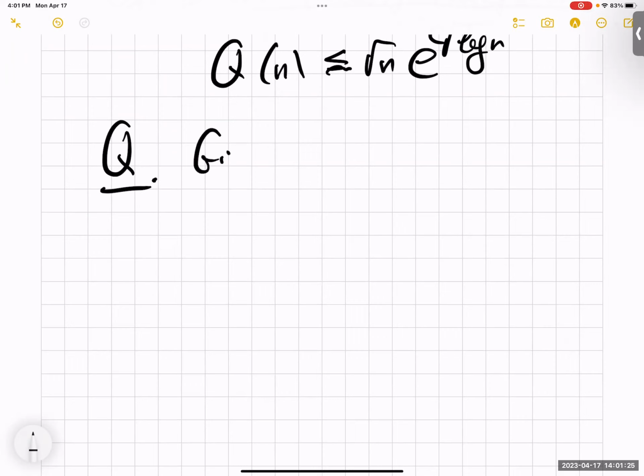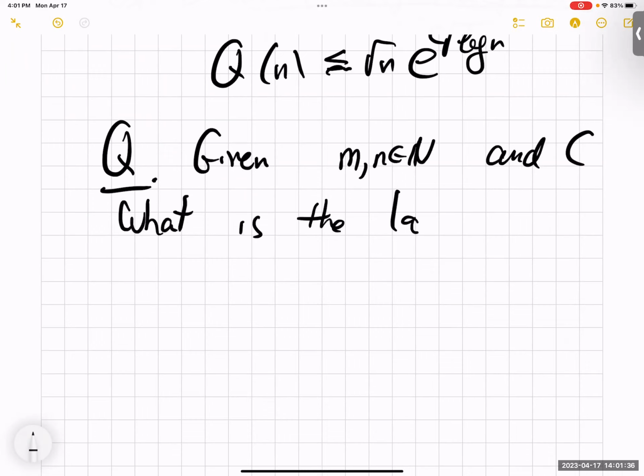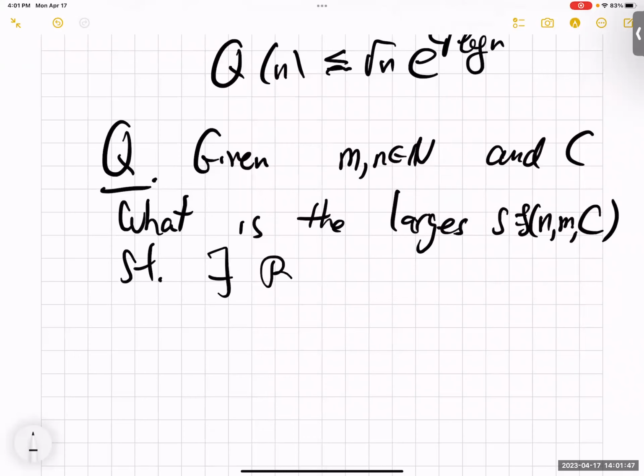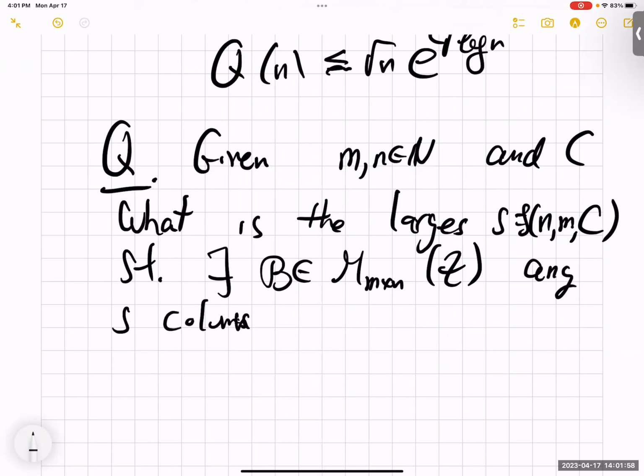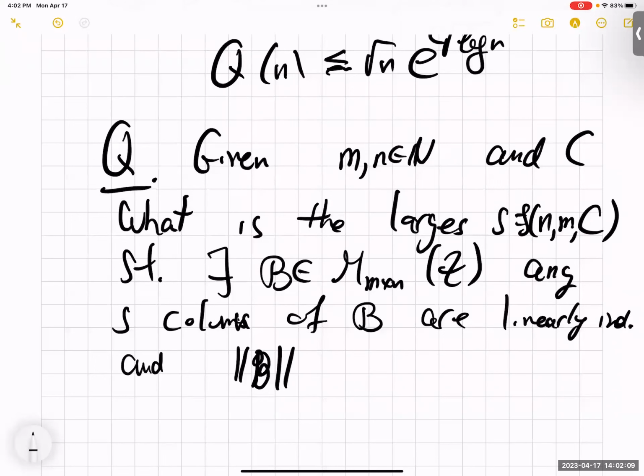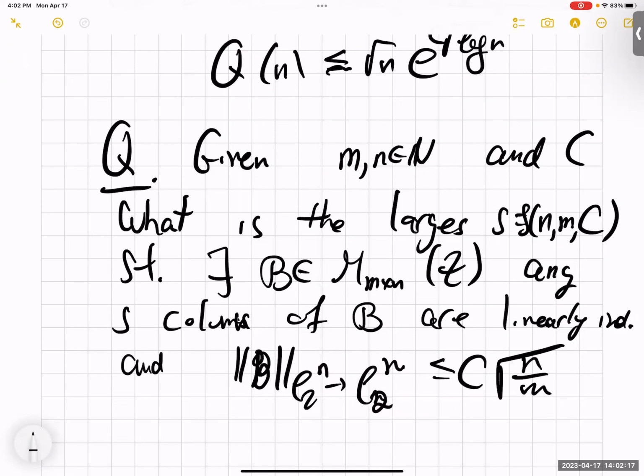Given M and N integers, and a C, what is the largest S, which depends on N, M, and C, such that there is a matrix B with integer entries, any S columns of B are linearly independent, and the operator norm of B from L2 N to L2 M is at least C root N over M. Root N over M is the best you can hope for.